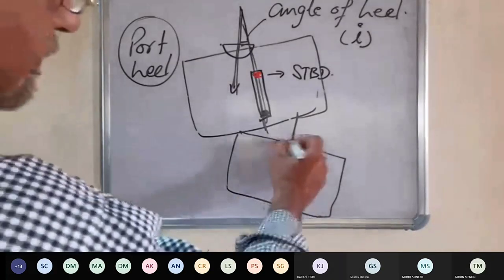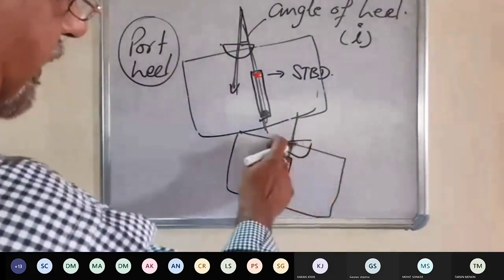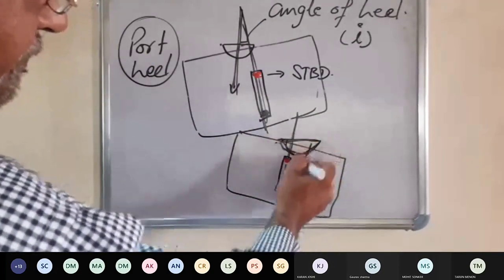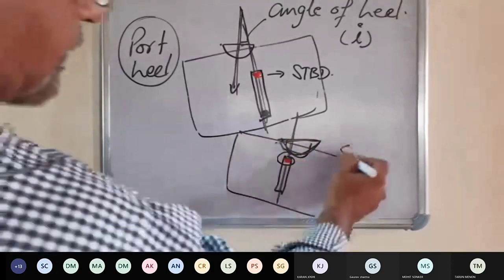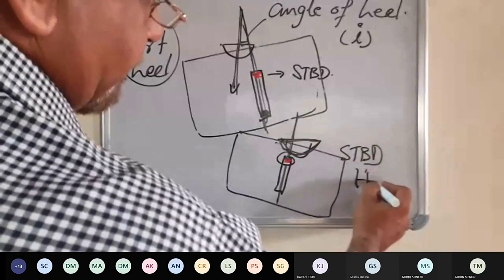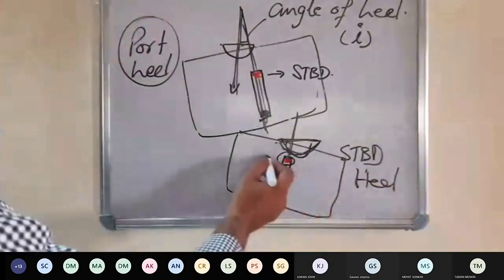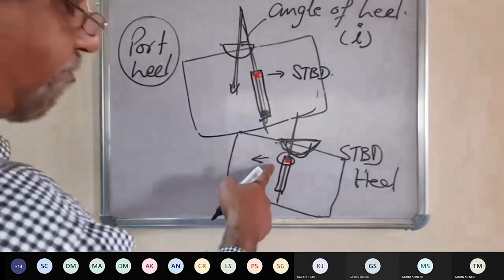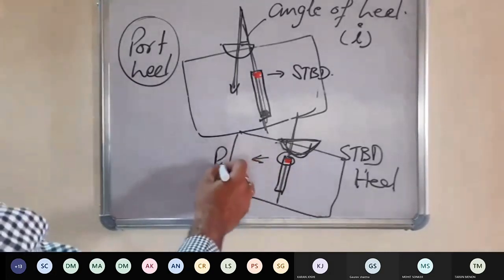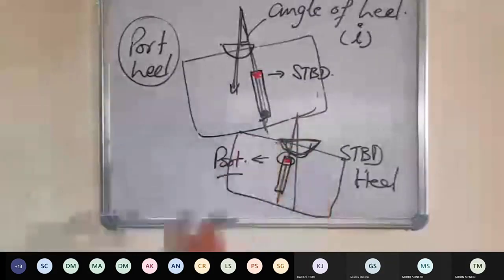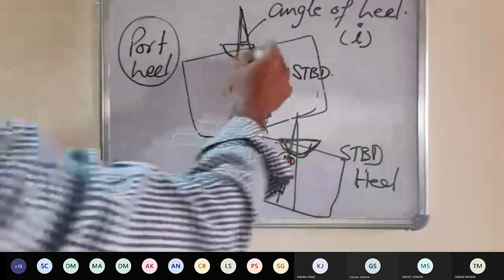In this case, the compass, because of gravity, has shifted to this side. So in starboard heel, the shifting of the pole is to the port. This is the angle of heel.